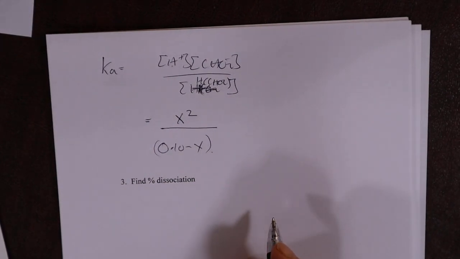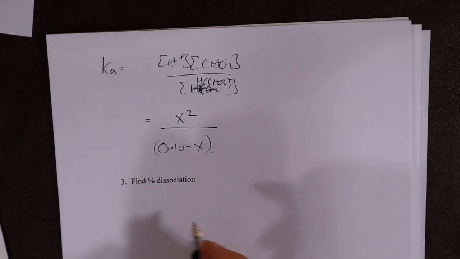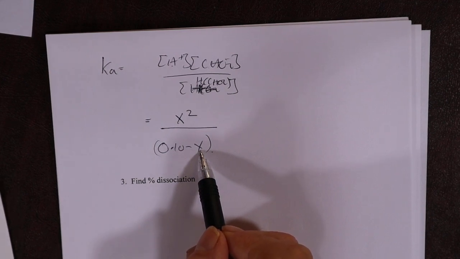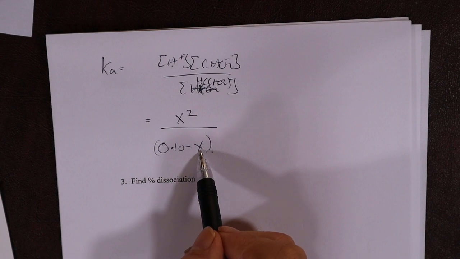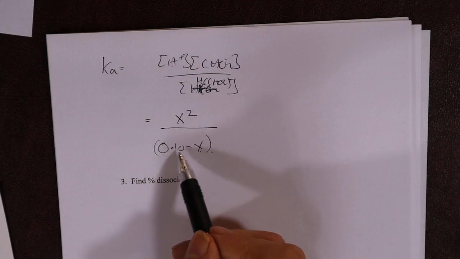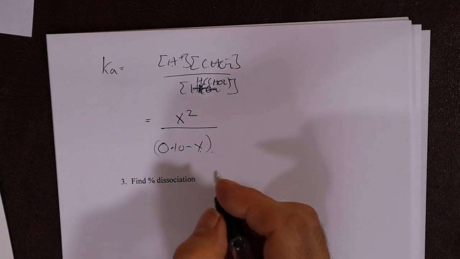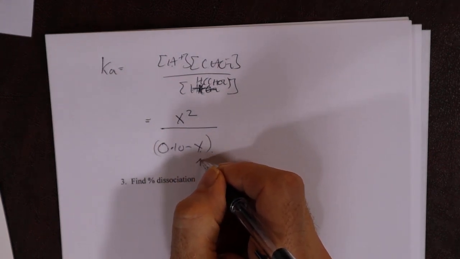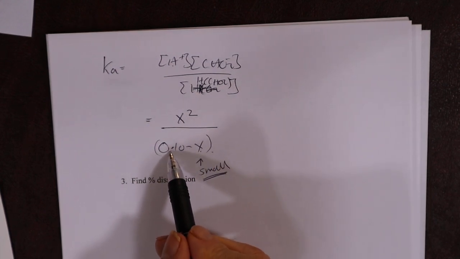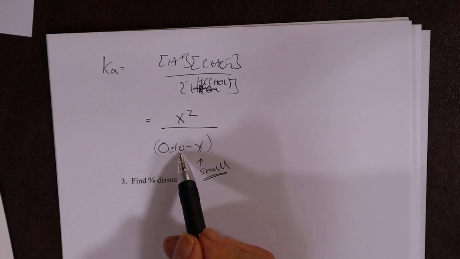Now, here's an interesting thing. This is called the weak acid approximation. Since x is super small, 4.2 times 10 to the minus 3, so 0.004 to two significant figures, 0.10 minus 0.004 is 0.1. So a big number minus a small number is the same big old number.